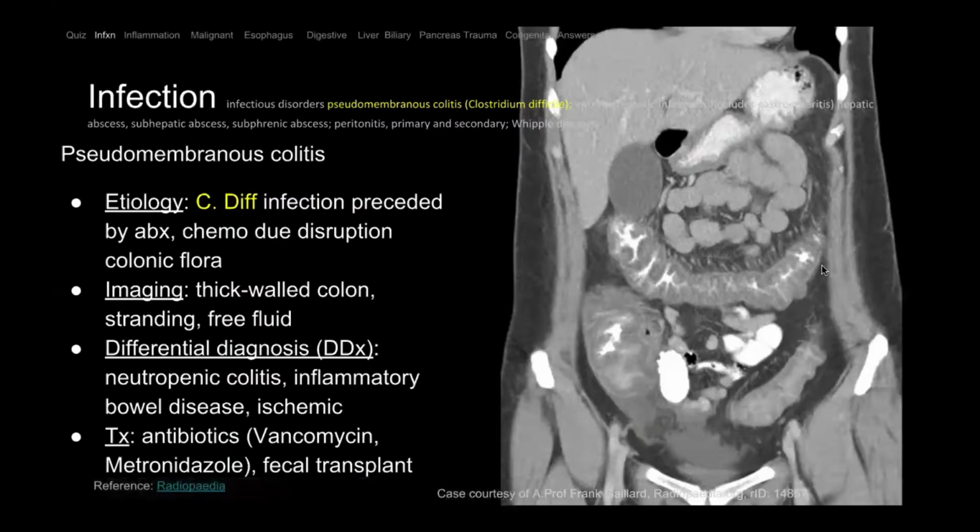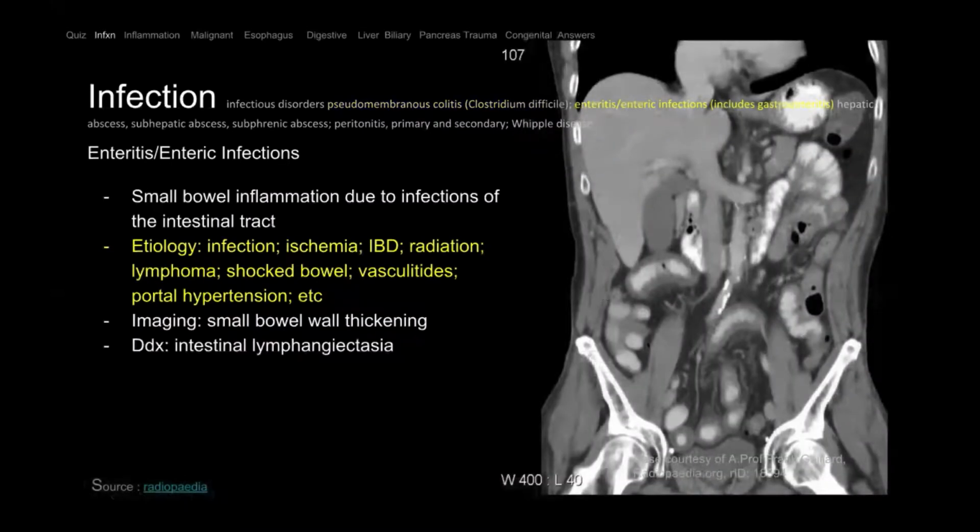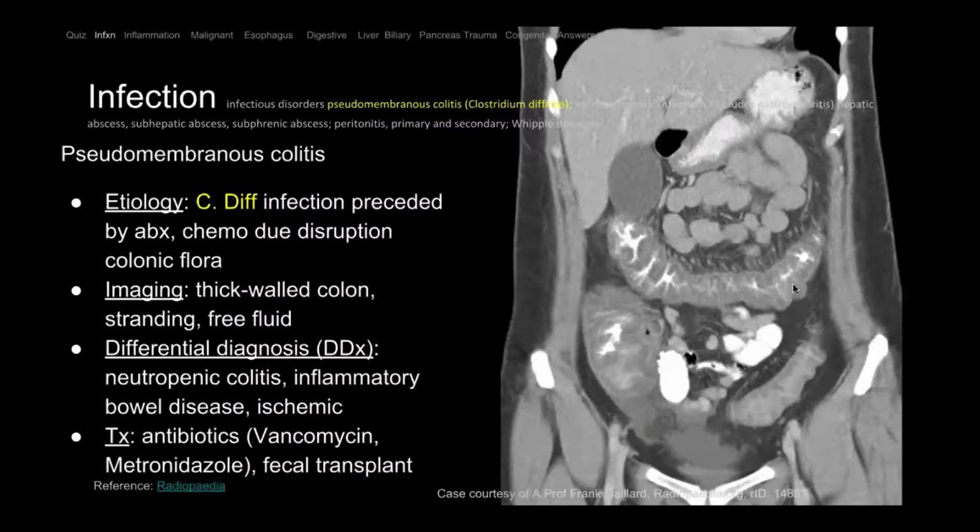Pancolitis means the entire colon is inflamed. Depending on the patient's clinical context, it could be from different causes. So if the patient comes in with prior broad spectrum antibiotic treatment, and they wiped out their colonic flora, then they're going to get this condition called pseudomembranous colitis caused by C. diff.